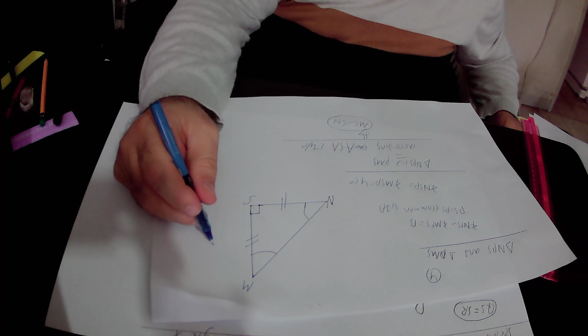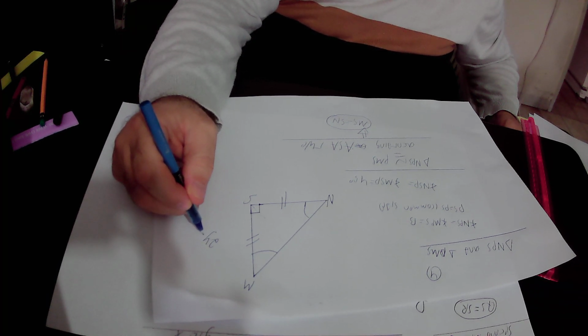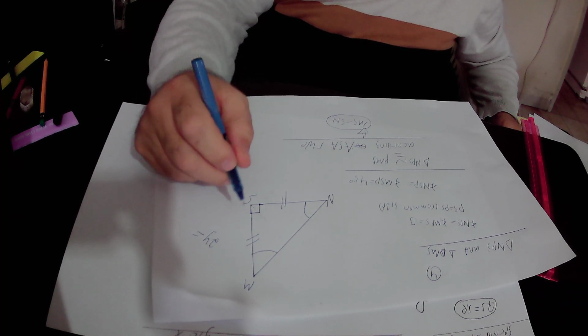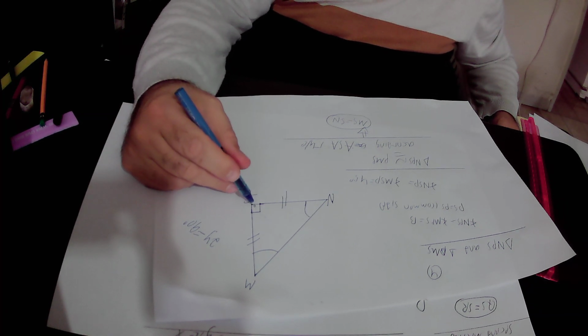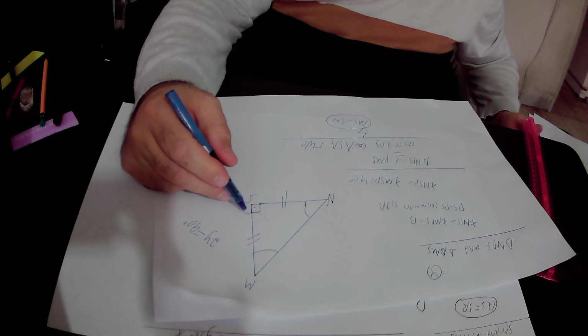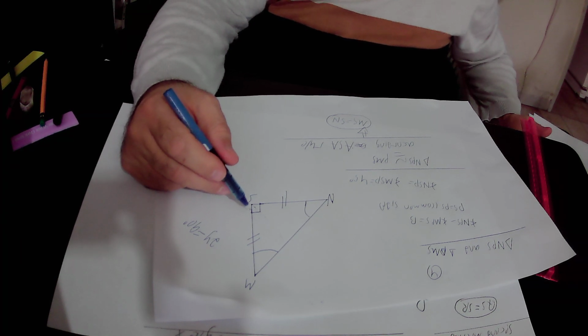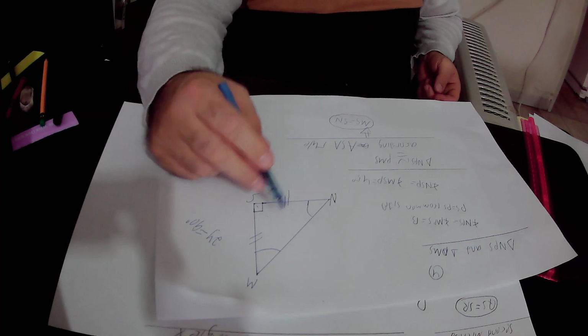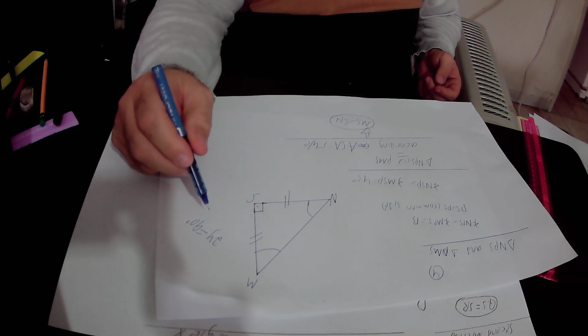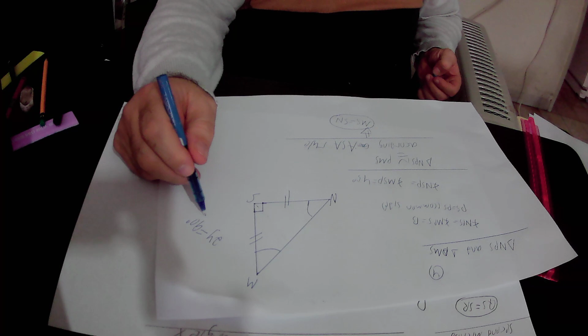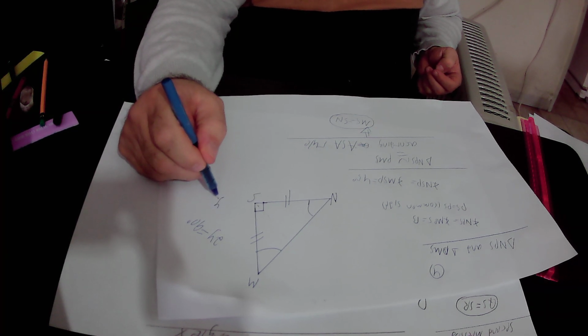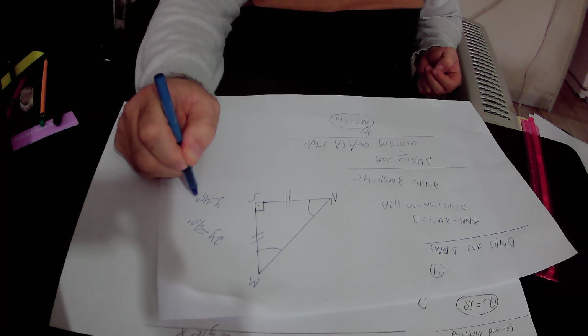So y plus y, that is 2y, must be equal to 90 degrees. Why? Because we have here 90 degrees, and the sum of the angles is 180 degrees, so what is left for the rest of the angles is 90 degrees. So 2y equals 90 degrees. We divide this equation by 2 and get y equals 45 degrees.